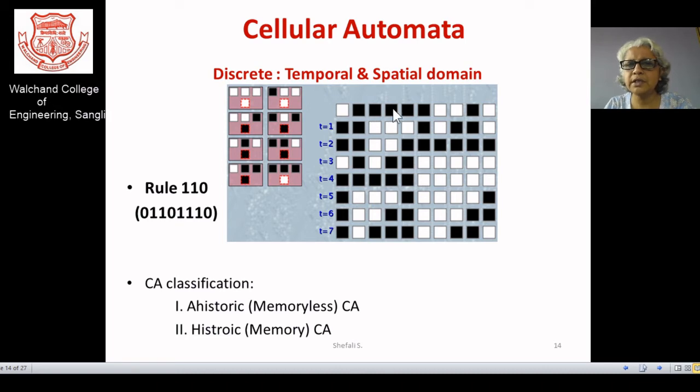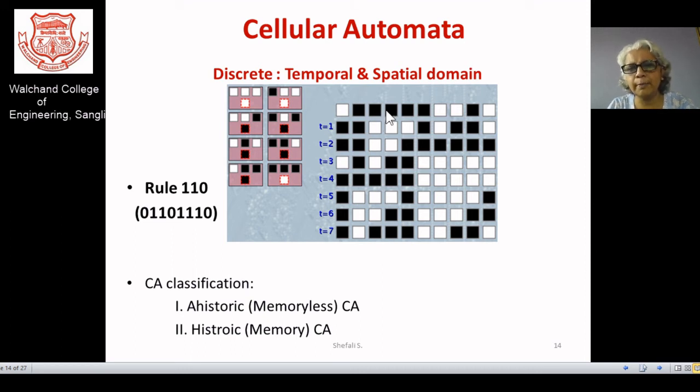So suppose these are the elements, and after time interval 1, the pixel can be moved, or it automatically changes to this one. After time interval 2, it will automatically change to this one. So I would like to say that this is the growth direction of the CA itself, and how it is growing. If you move back again, it is giving you the same.